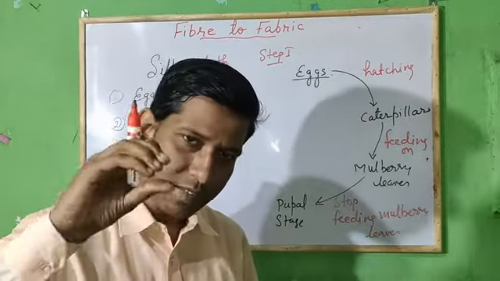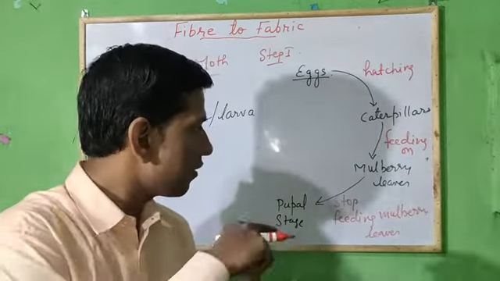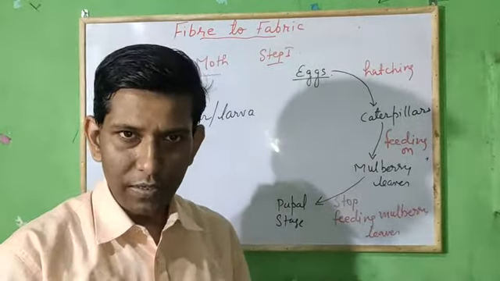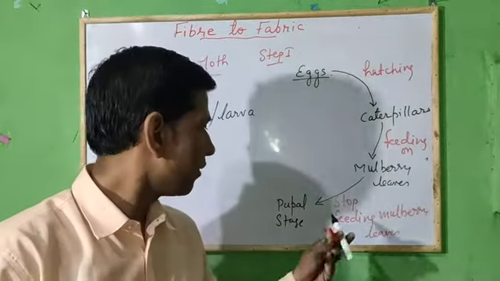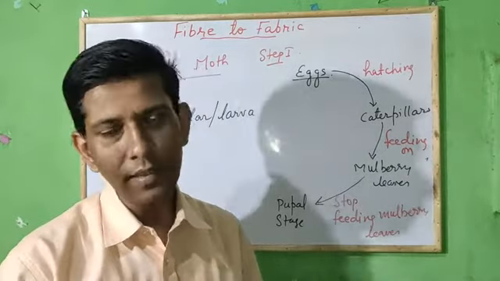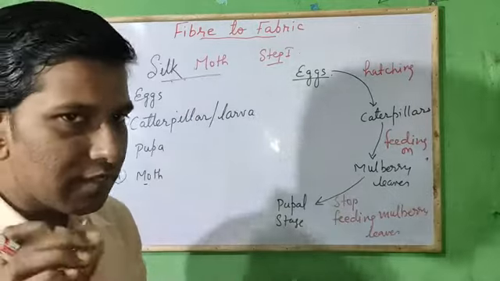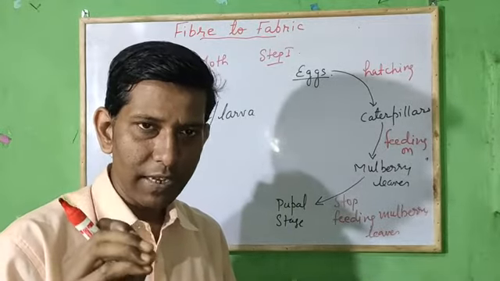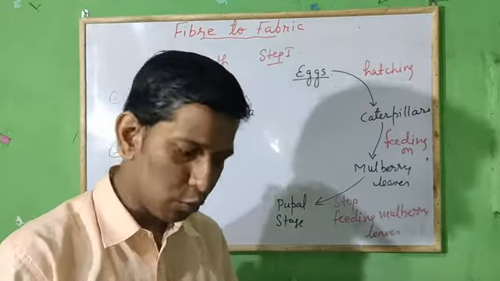This fibroin thread keeps enclosing the insect, and when it is completely enclosed, it is called a cocoon. The time taken by this process is nearly 1 week to form a cocoon.